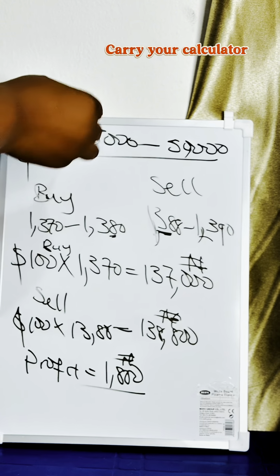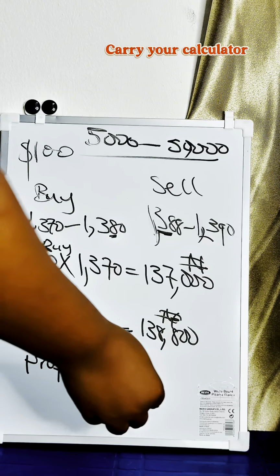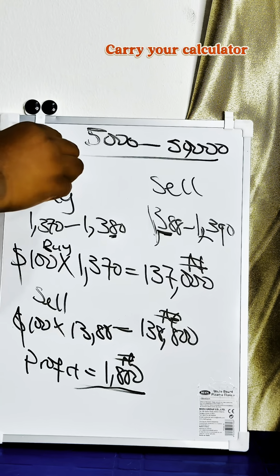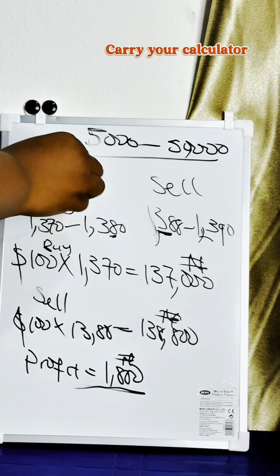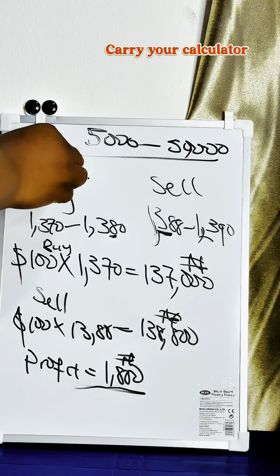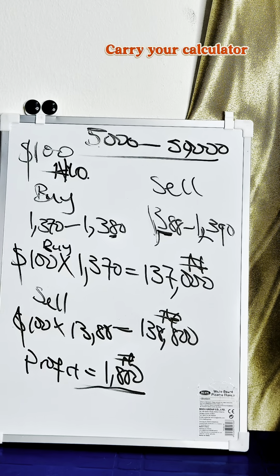Now, if you're trading like this with $100, you might not really be making up to these profits. Why? Because for every transfer you make in your bank, they will charge you 10 naira. Let's say you want to send 5,000 like 20 times.